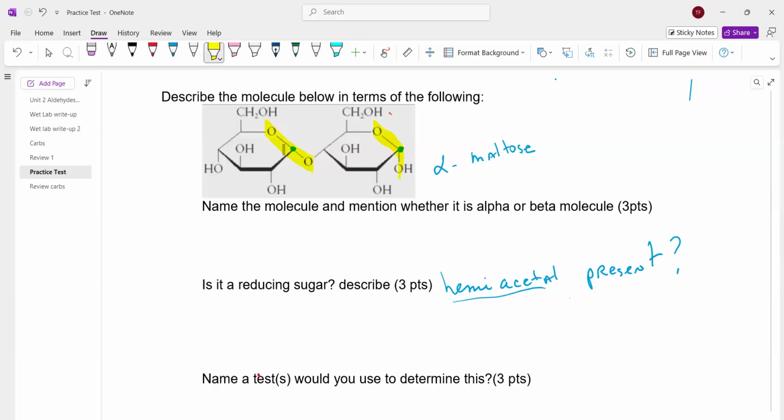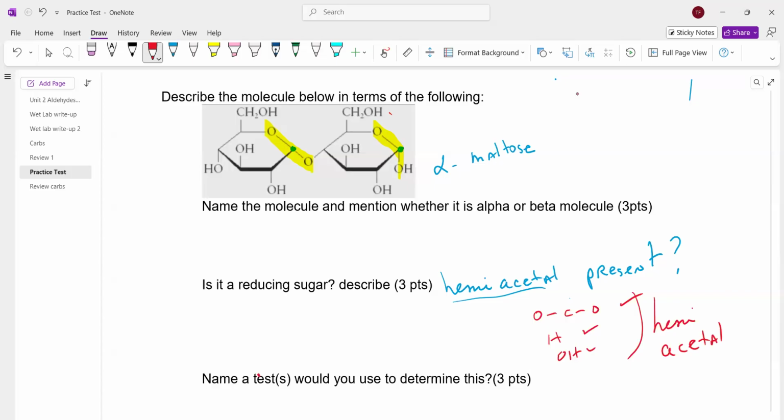So the one on the left has no OHs, so it's not a hemi. And the one on the right does have an OH, so it's a hemi, and there's an H there. Let's do the right side one. It's an OCO. It's got an H and an OH, and that means it's a hemiacetal.